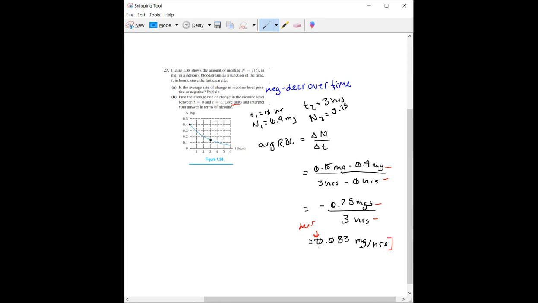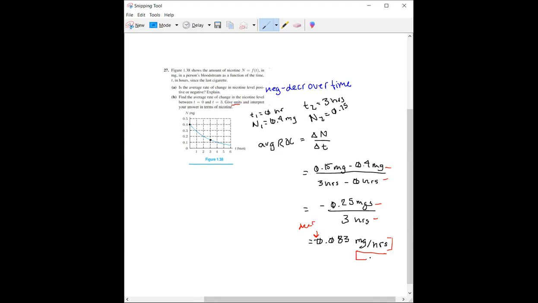Namely that this is the amount. If it were 8.3%, we would be starting with 100 milligrams, and then it would change over time. The best way, I think, is just to make sure that you're looking at the units and saying that this is milligrams per hour.